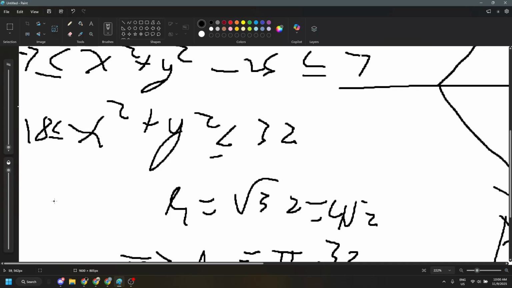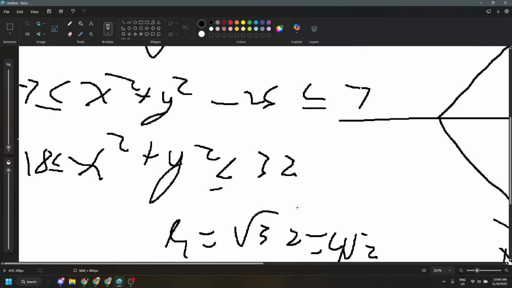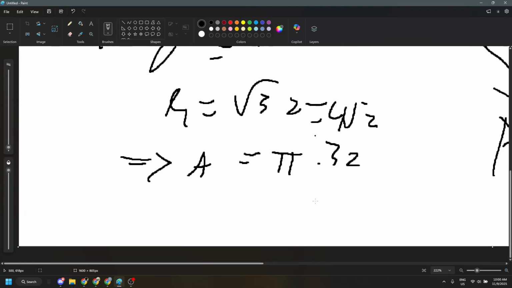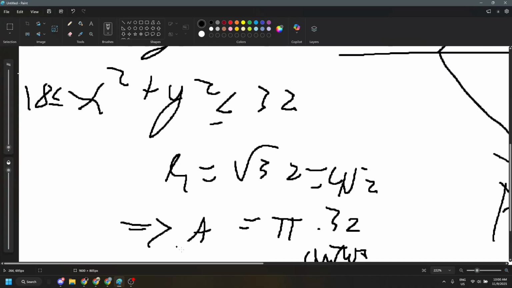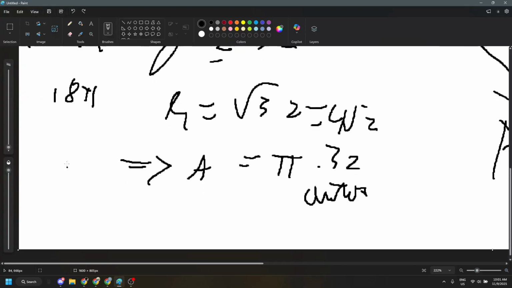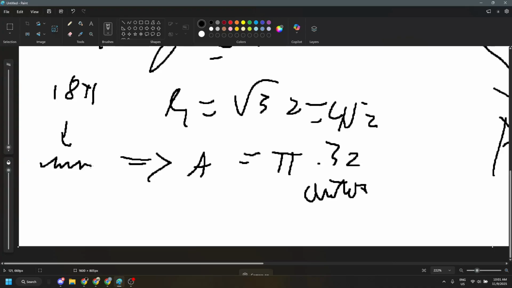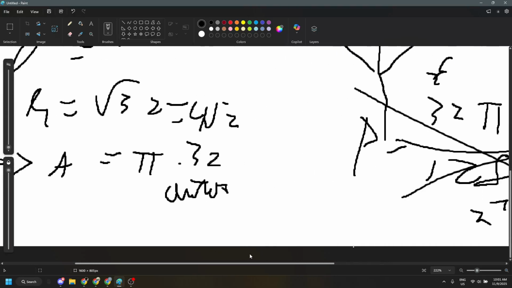Okay, this is going to look like a donut, I think. So this is the area of the outer, and the area of the inner would be 18 pi, which is the inner. So we have outer minus inner.